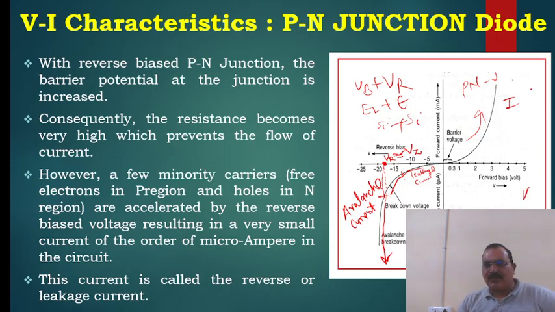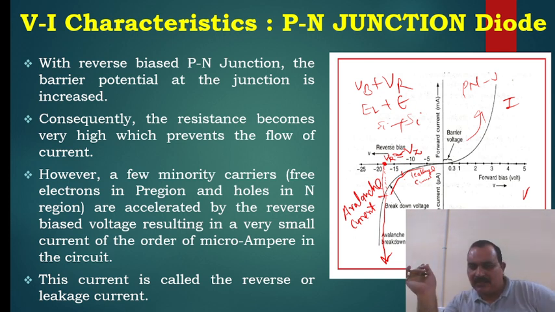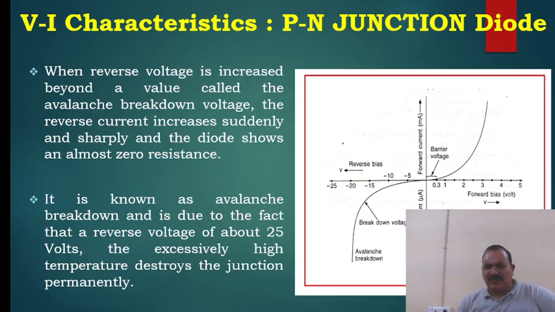This is the functioning of your reverse bias PN junction as well as forward bias junction. Kindly note this figure. This is your VI characteristics of the PN junction. This is the forward voltage, VF, and on this side the voltage is VR.